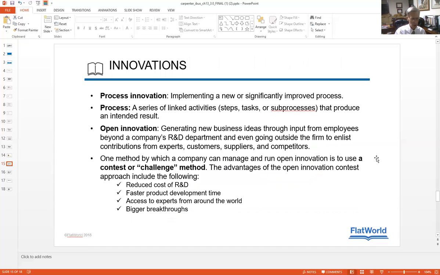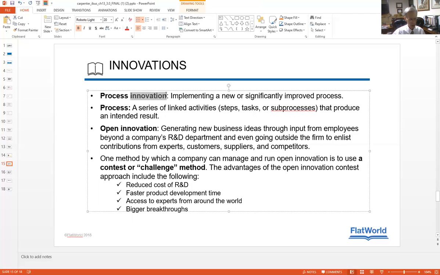So the textbook moves on to talk about types of innovation, process innovation, which is of a sequence of activities. And it may be that these are existing processes where you can improve the quality of processes, or as the slide points out, sub-processes. So it's one thing to talk about process innovation, introducing a whole new process that really changes the game.